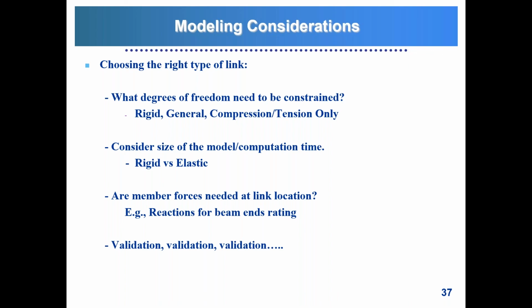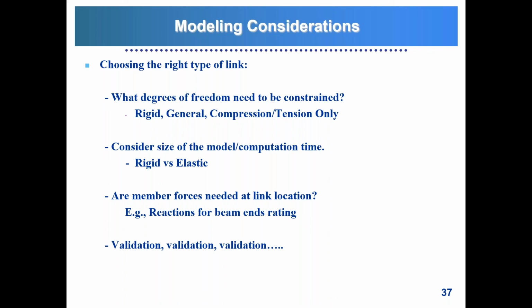But as you build larger and larger models, it's going to become more important because, like I mentioned, elastic links are essentially elements. That means that they will go into the stiffness matrix, and the software is going to come up with member forces for those elastic links, which is not the case for rigid links.